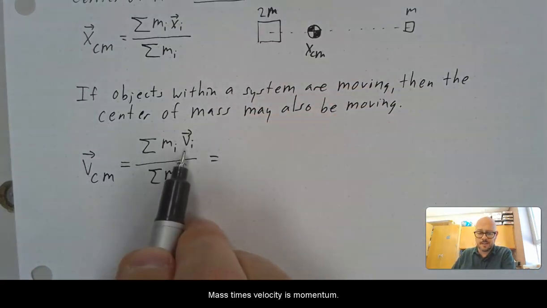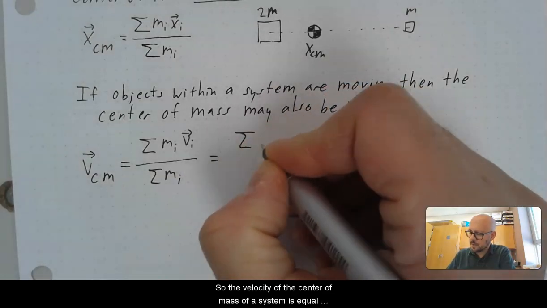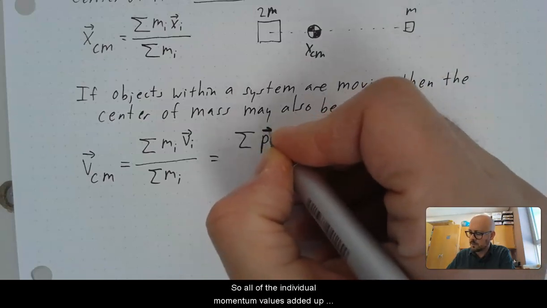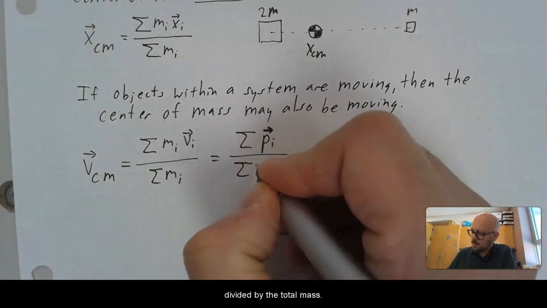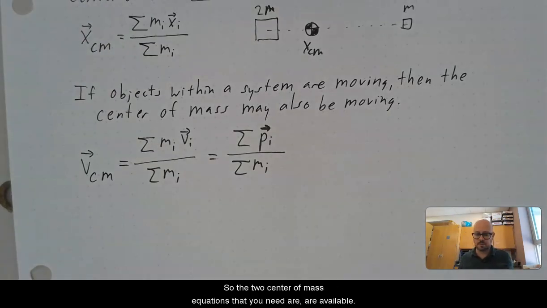Mass times velocity is momentum. So the velocity of the center of mass of a system is equal to the sum of the momenta, so all of the individual momentum values added up, divided by the total mass. And that equation is also in your equation sheet. So the two center of mass equations that you need are available.